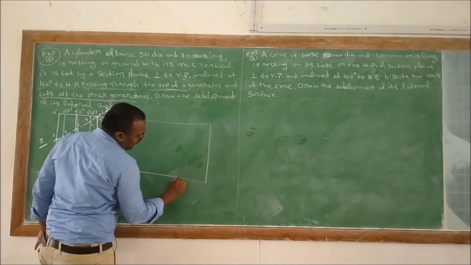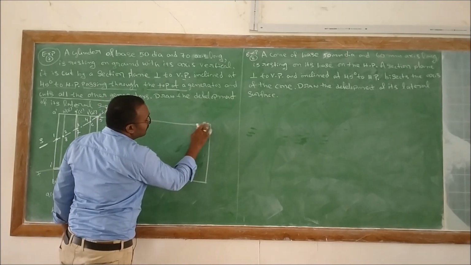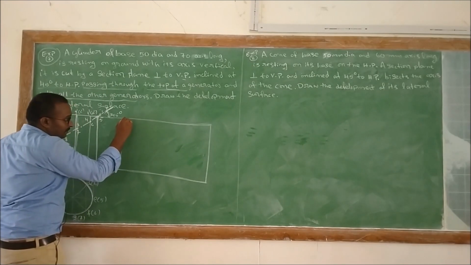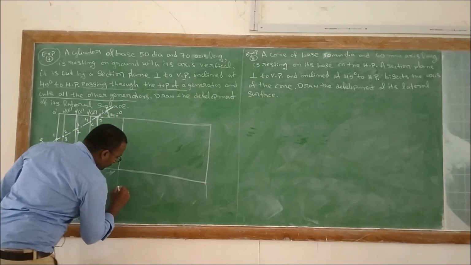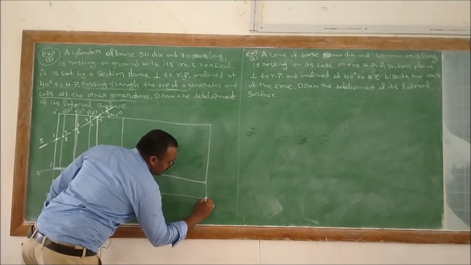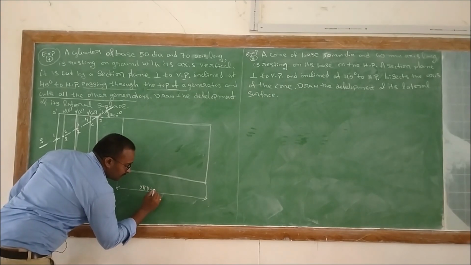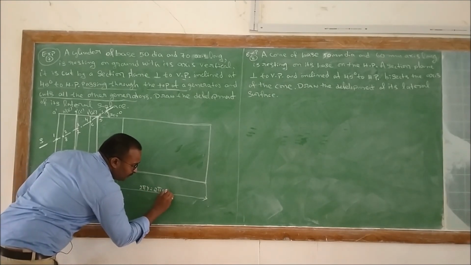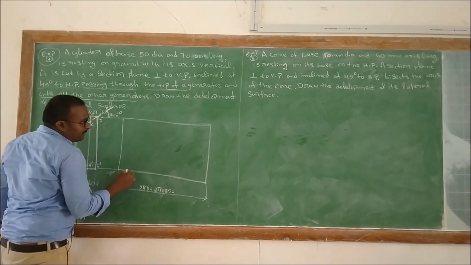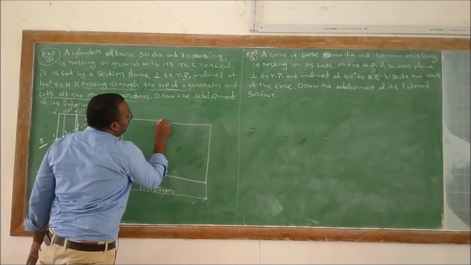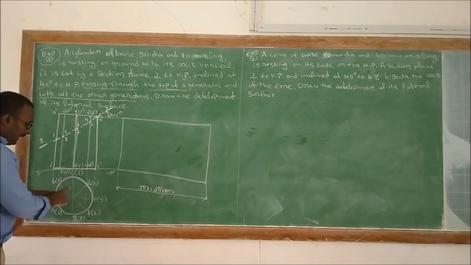The total length of the line is equal to the periphery of the base circle, which is equal to 2 pi r. So here it is 2 pi into 25. Then you need to divide this total line into 8 equal parts.